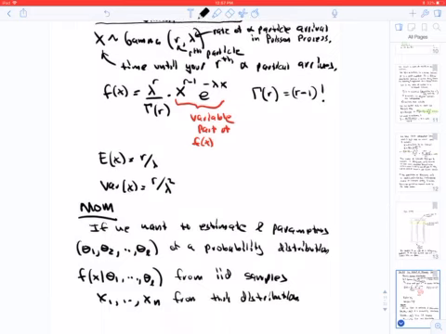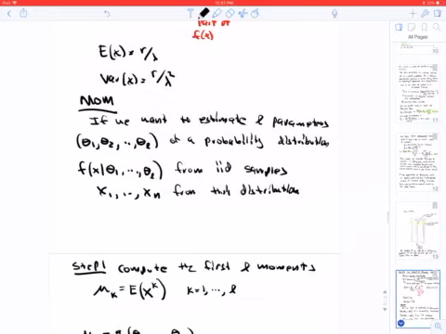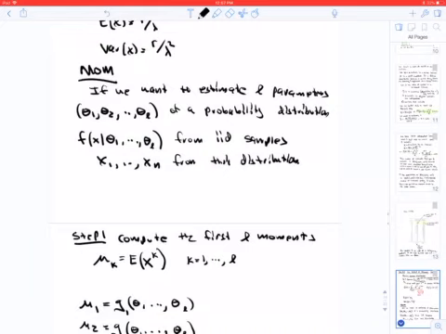Some standard stuff about what the density of a gamma distribution is and what the expectation and variance are. And then I am prescribing here a method to compute the method of moment estimators if your distribution has, say, L parameters.